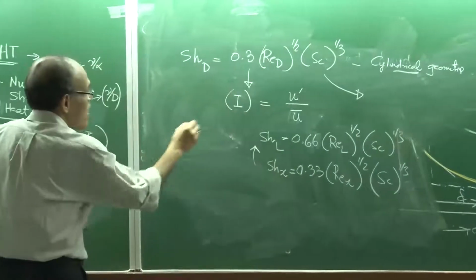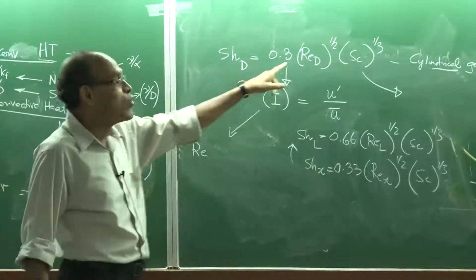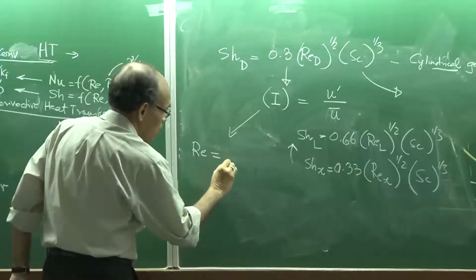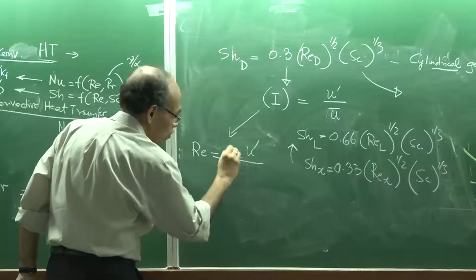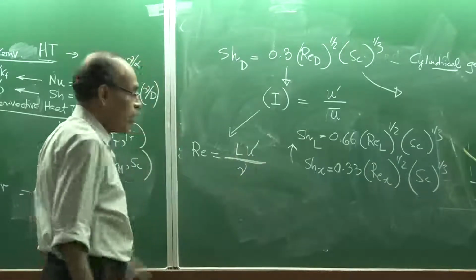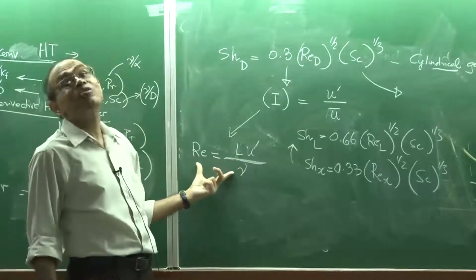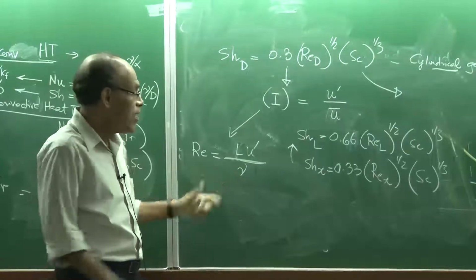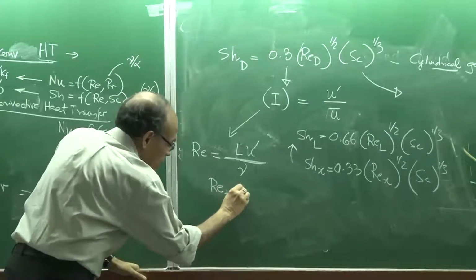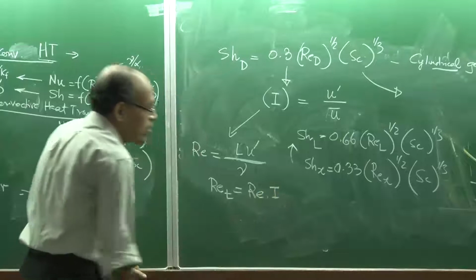Just like that, some people also say that if you have a nominal Reynolds number which is based on the mean velocity component, then you can also have a Reynolds number based on the fluctuating velocity component, where u prime indicates the fluctuating component, and this we can call a turbulent Reynolds number. Basically, the turbulence Reynolds number is equal to the nominal Reynolds number multiplied by the intensity of turbulence.